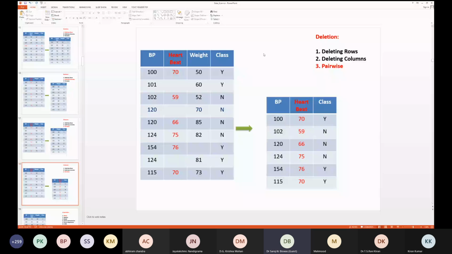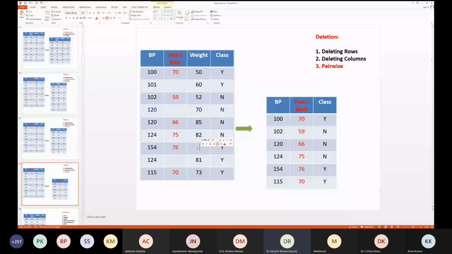In case of pairwise, we need to understand which attributes we need for the analysis, and we concentrate only on those attributes. Here our objective is to deal with only BP and heartbeat. We have taken BP and heartbeat, and where we don't have data, we omitted it. Here we don't have data, but we didn't do any treatment, because we are not going to do any analysis with this column. If we do it this way, that is called pairwise deletion.